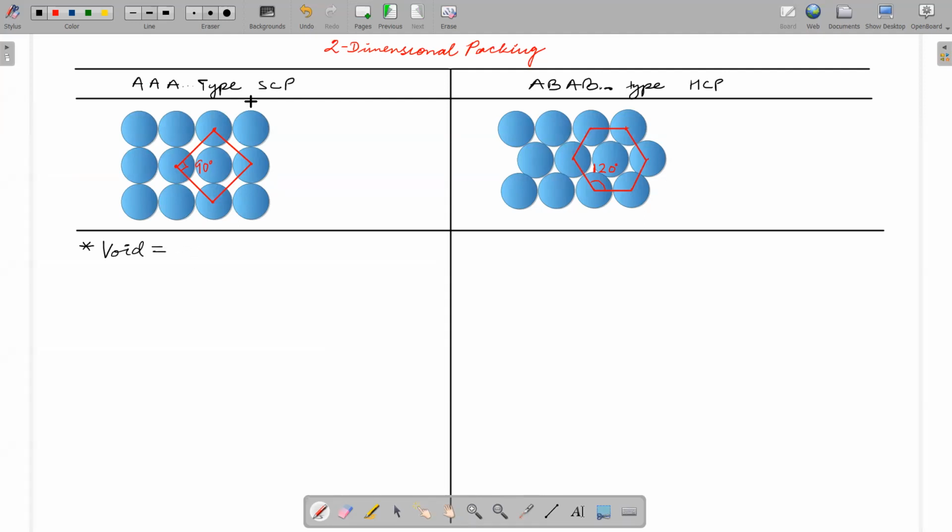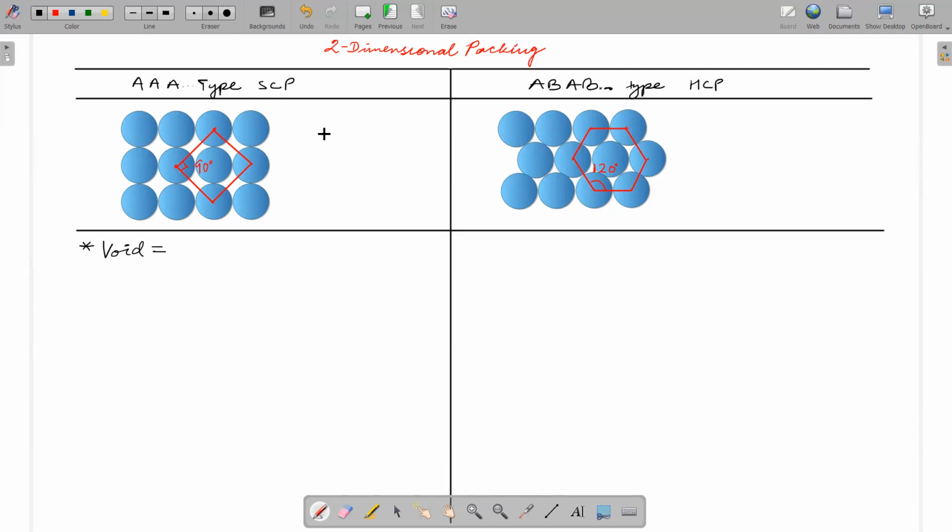What is the void here in square close packing? Just see this structure and tell me what is the void, Mariam.